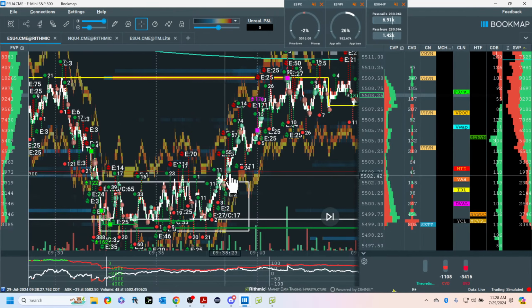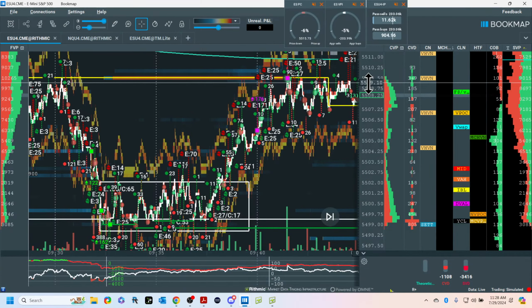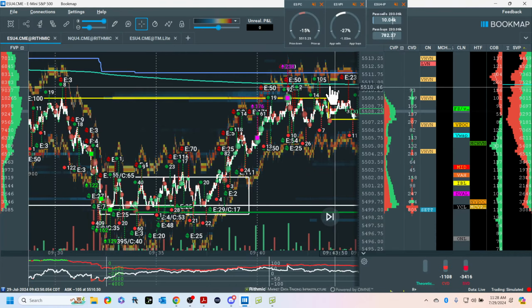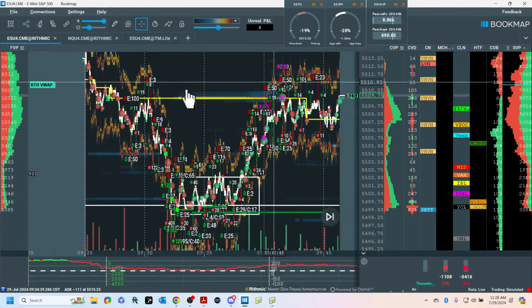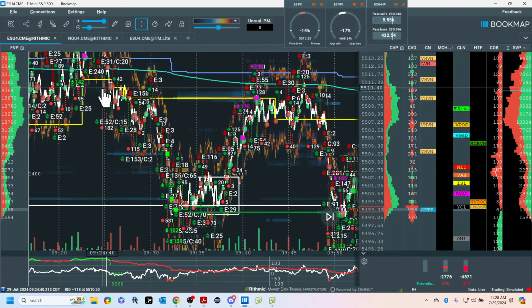So if you got long over here, and I took this one to here, and then I'm looking to see how far back might we come. I got stops at VWAP and mid, and let's come back. And I have this variable high volume node. Variable high volume node. Sellers were in control here.